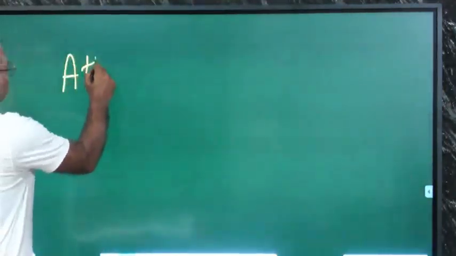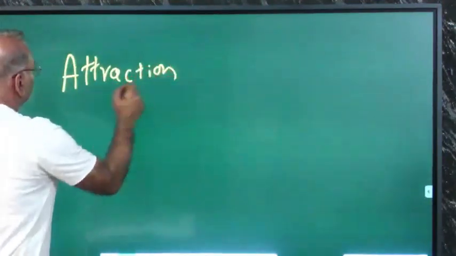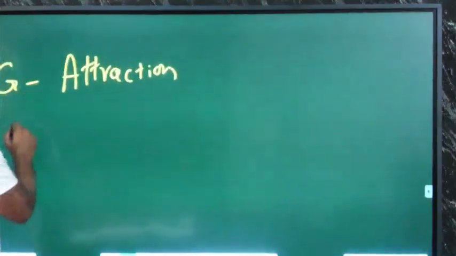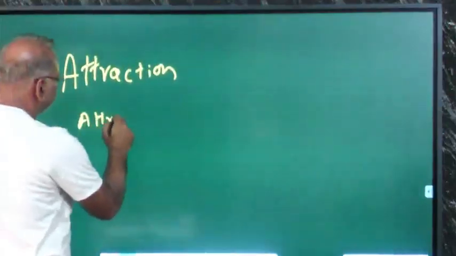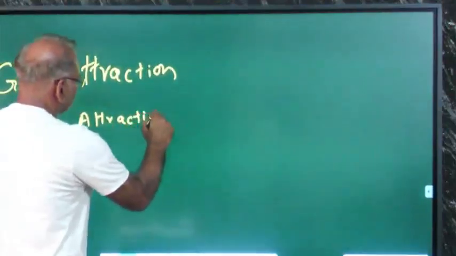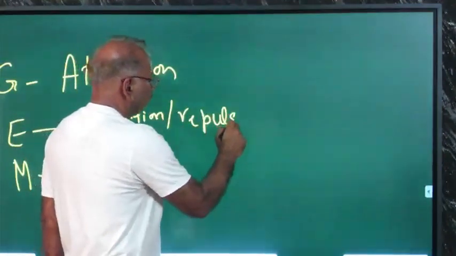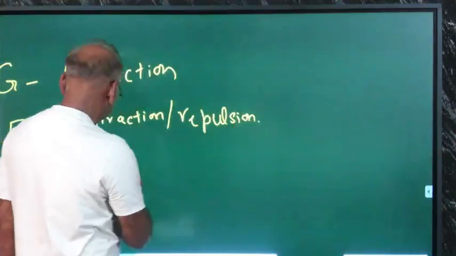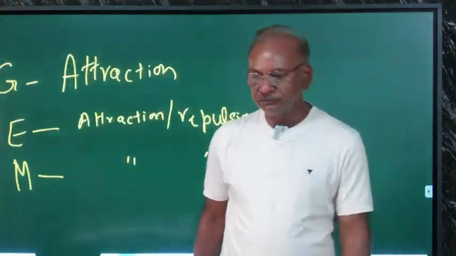In nature, the gravitational force is always a force of attraction. But electric and magnetic force may be of attraction or repulsion. Same is the case with magnetic force, right?